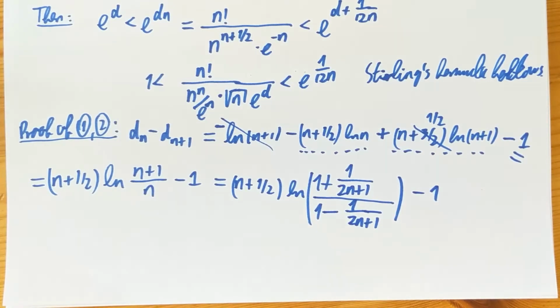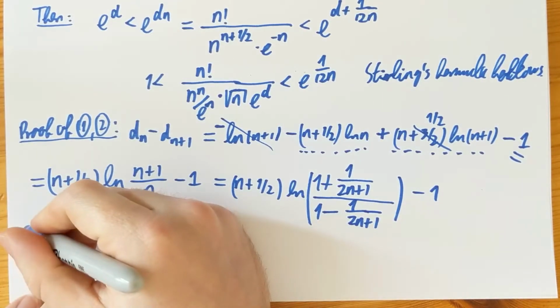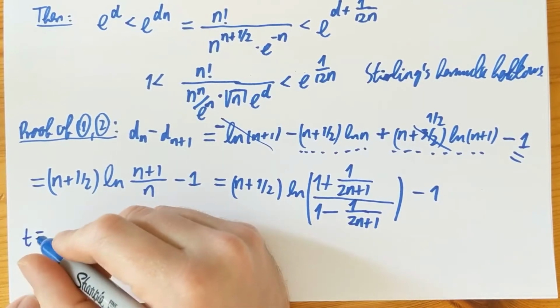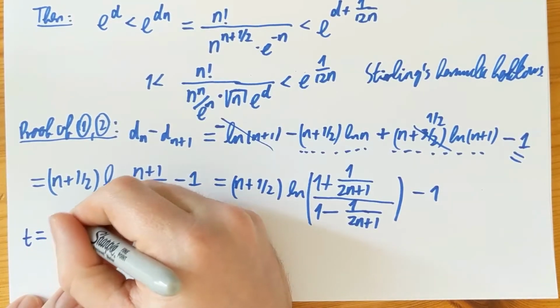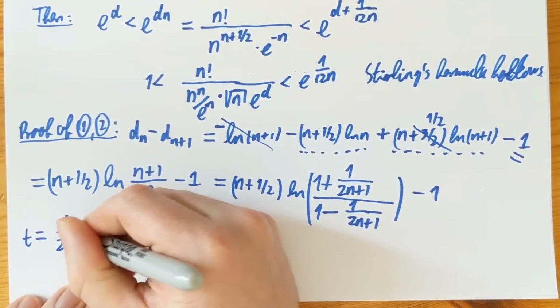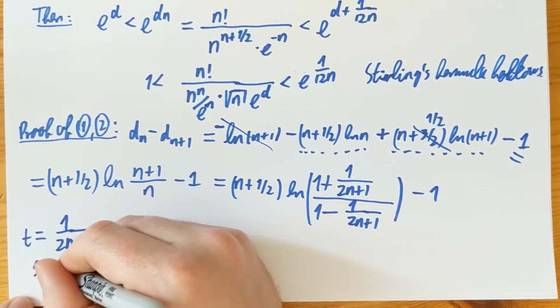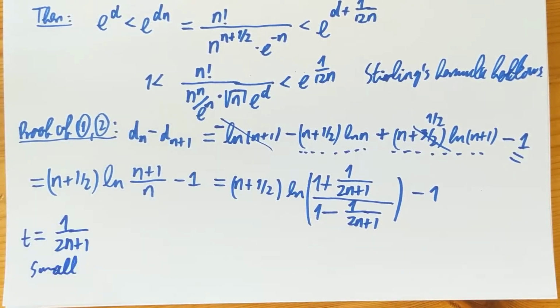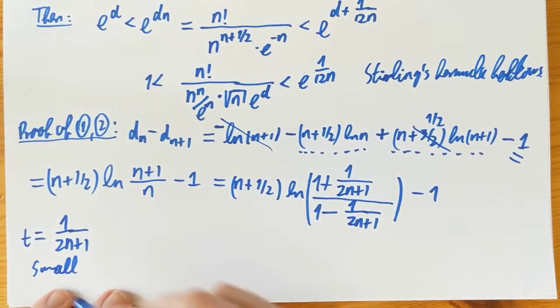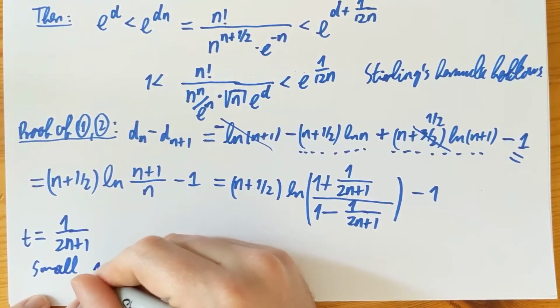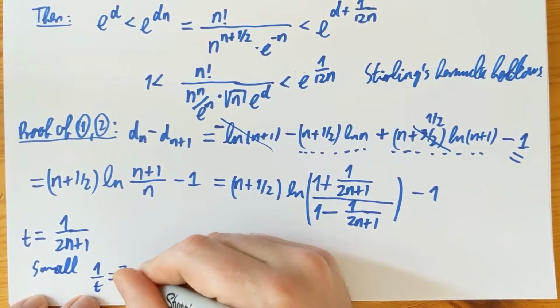It's not entirely clear why I did that, unless one substitutes t equals 1 over 2n plus 1, which is small. N will go to infinity, of course, or at least that's how we should think about it. And this is going to be small. And if I do the reciprocal of that, 1 over t is 2n plus 1, of course.